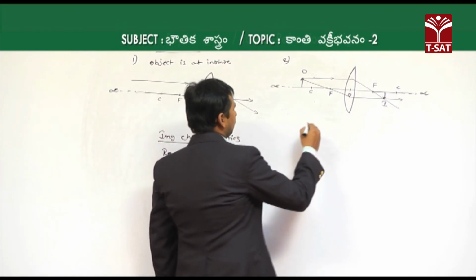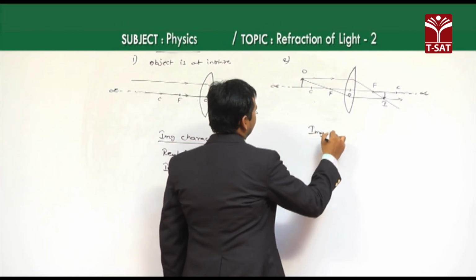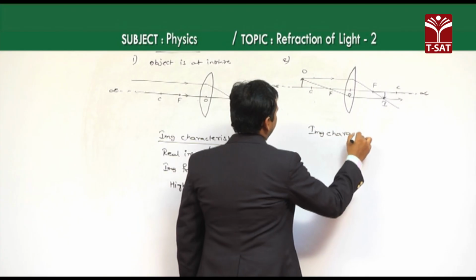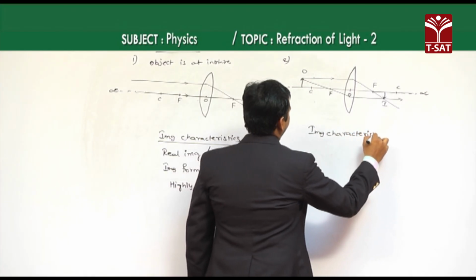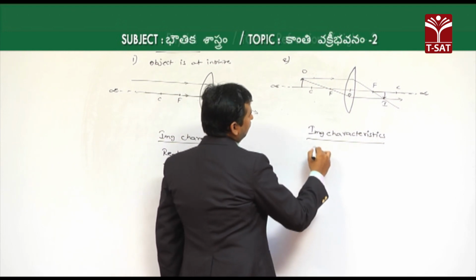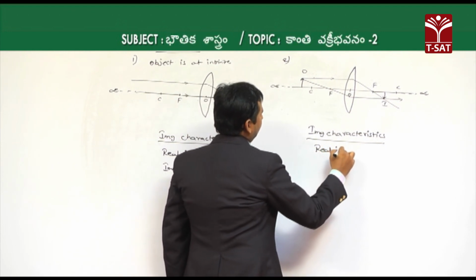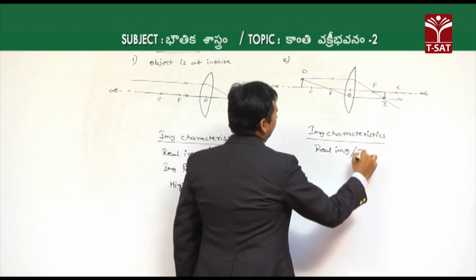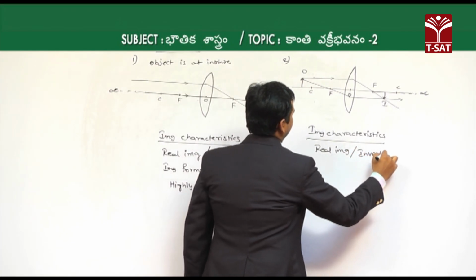So if you take the image characteristics again, the image formed is a real image, and not only that, it is forming an inverted image.